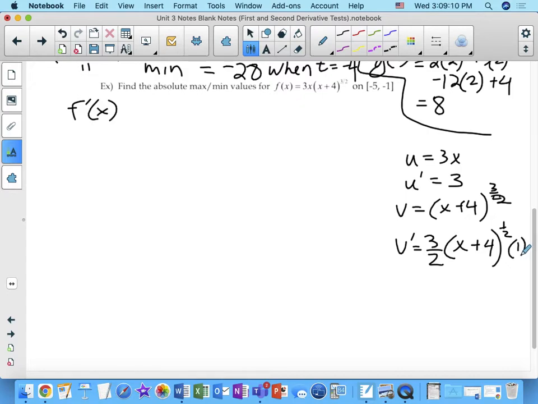Okay? All right, so f prime of x equals u prime v, 3 times (x plus 4) to the 3 over 2, plus u v prime, 3x times 3 over 2 times (x plus 4) to the 1/2.